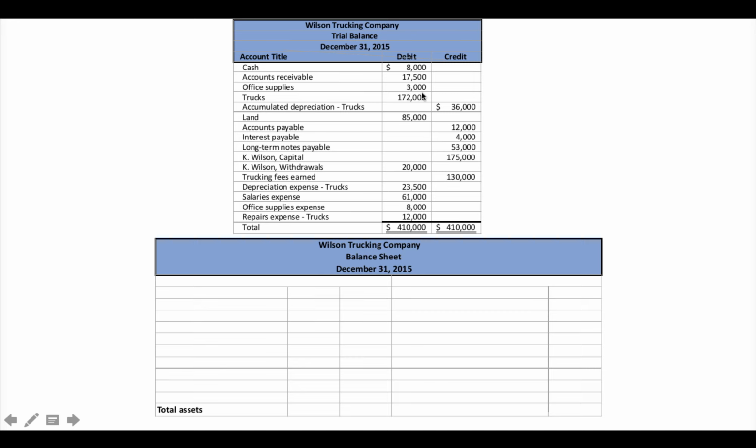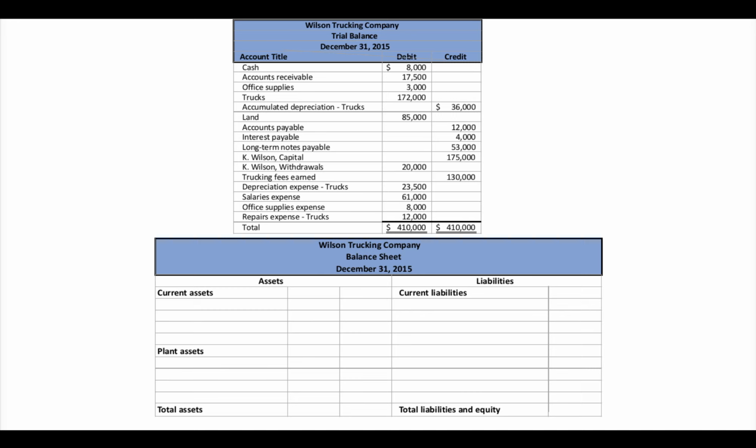Then basically from accounts payable down to notes payable, that will be on the liabilities side. As far as distinguishing between the categorizations of assets and liabilities, again, we said typically this is going to be 1 year.